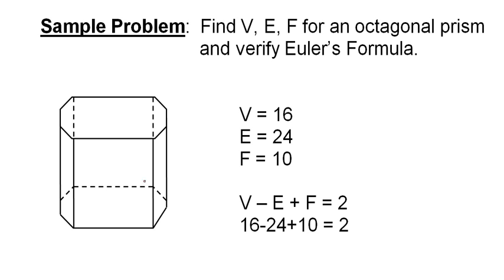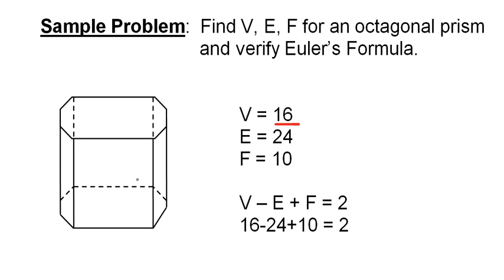So the number of vertices, if you count, there are 1, 2, 3, 4, 5, 6, 7, 8 around the top, and there are 8 around the bottom for a total of 16. If you look at the edges, I've got 8 edges along the top base, I've got 8 edges along the bottom of the base, but then I also have these vertical edges, so there are 8 of those as well.